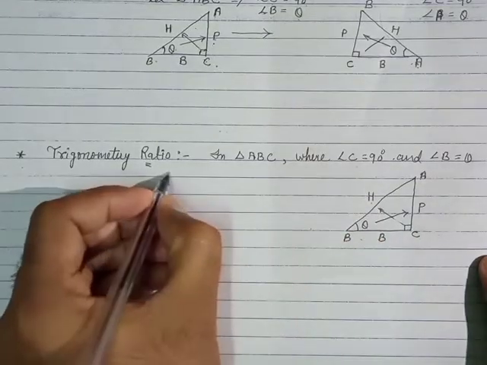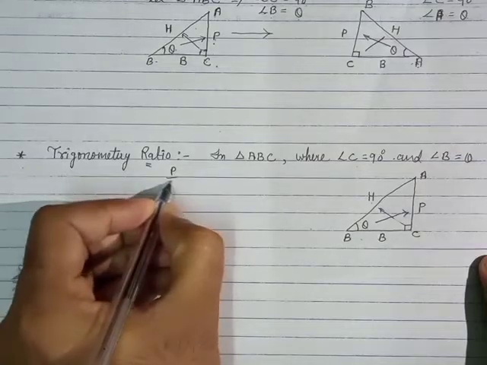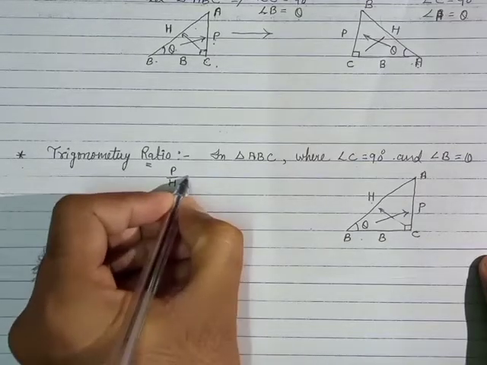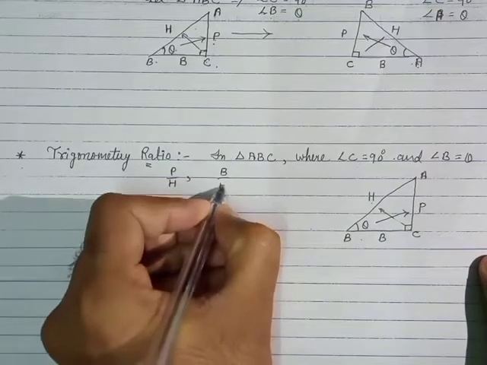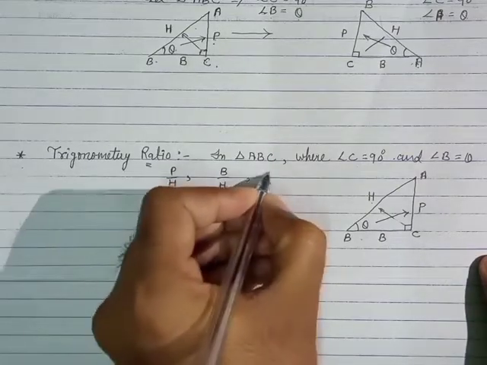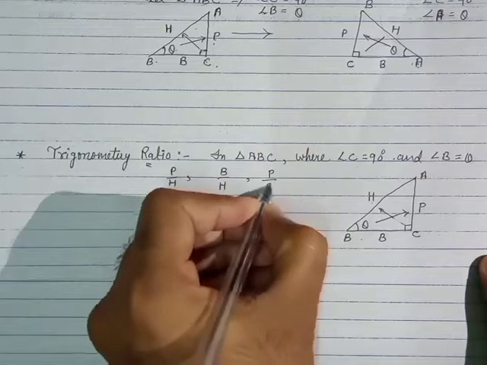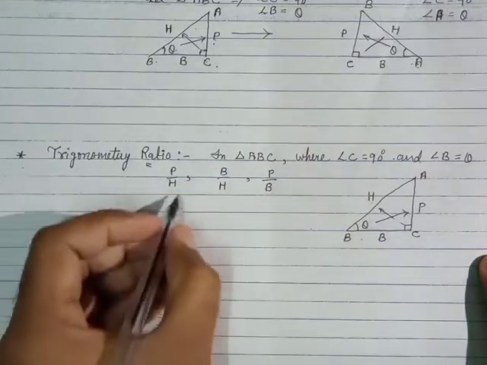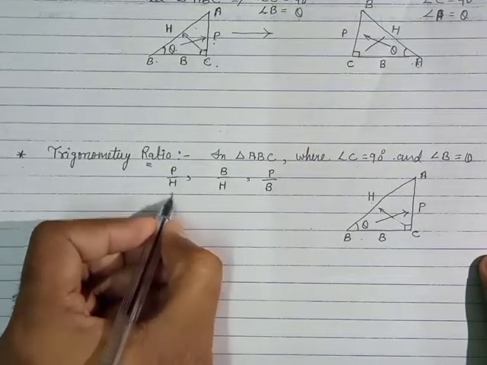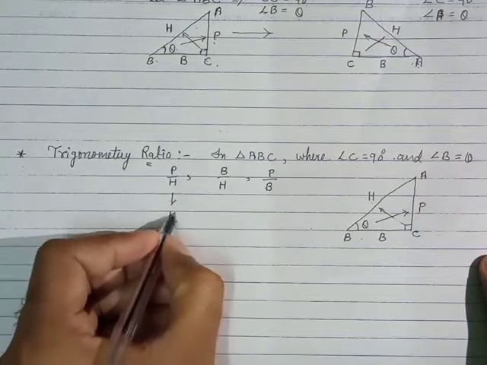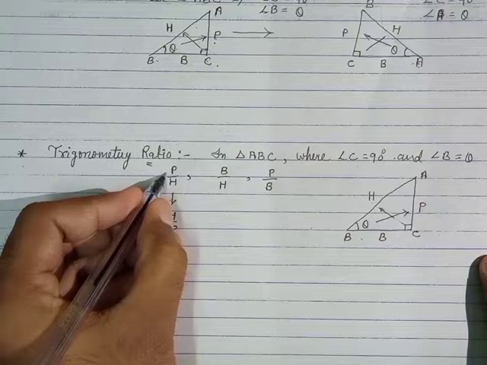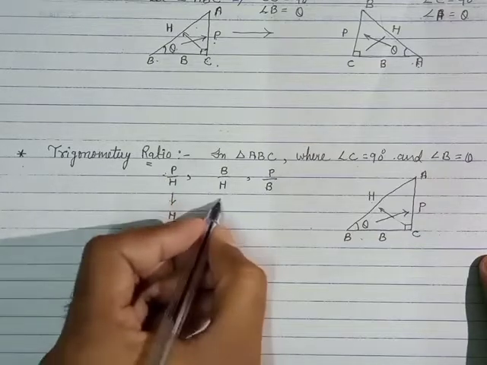First we take perpendicular upon hypotenuse, second is base upon hypotenuse, and third is perpendicular upon base. The other three will be the reciprocals of these. The first will be hypotenuse upon perpendicular, the reciprocal of the first ratio.